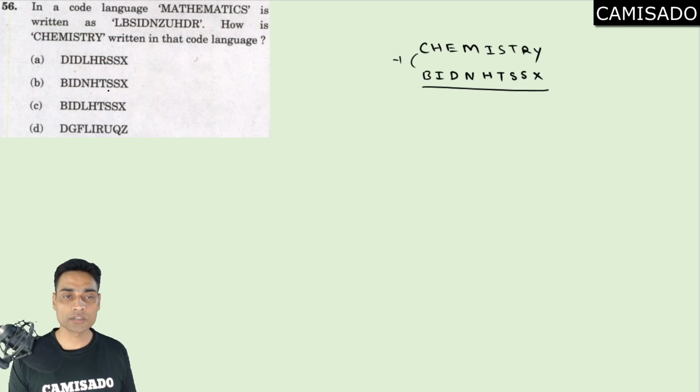Which option can you see here? It is the B option. So the concept is plus 1, minus 1, again the same, minus 1, plus 1. So alternately plus 1, minus 1 you are doing here, by seeing this relation between MATHEMATICS and this particular word. Okay.